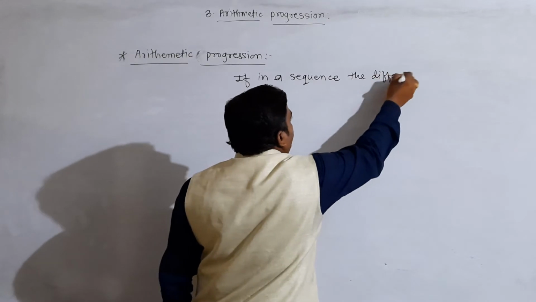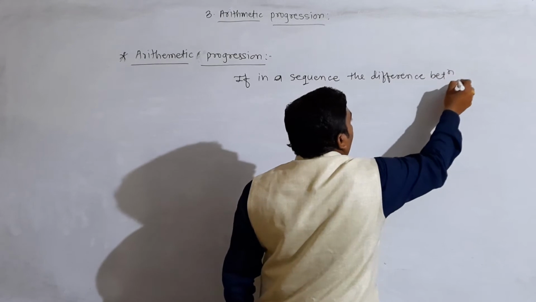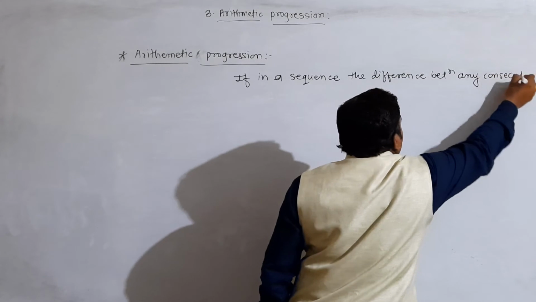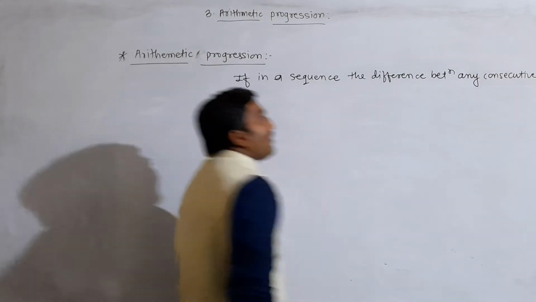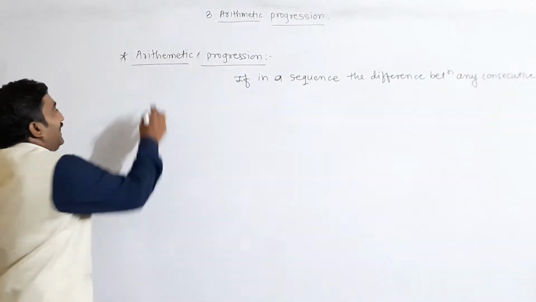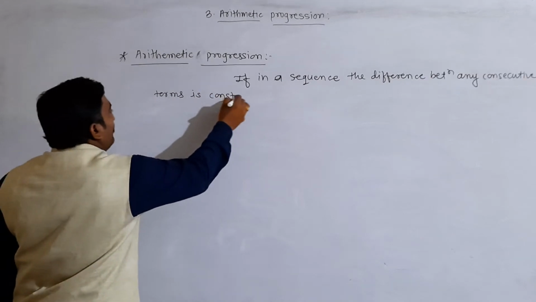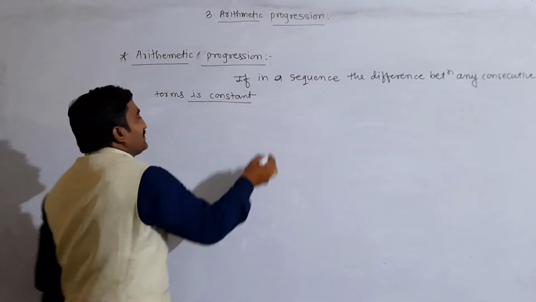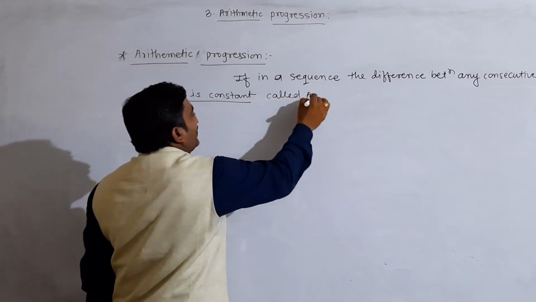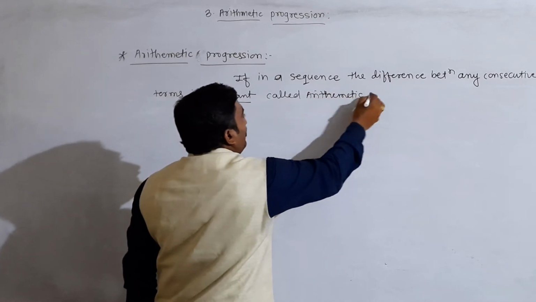If in a sequence the difference between any consecutive terms is constant, this is very important, is constant, then it is called arithmetic progression.